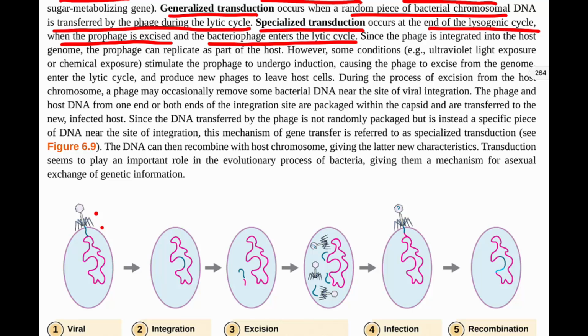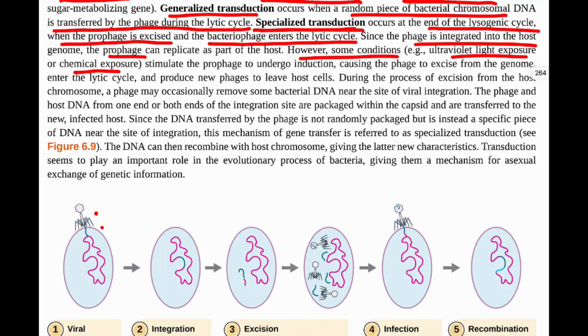So since the phage is integrated into the host genome, the prophage can then replicate as part of the host. However, some conditions, like ultraviolet light exposure or chemical exposure, are going to stimulate the prophage to undergo induction, right? Causing the phage to excise from the genome and then enter the lytic cycle.